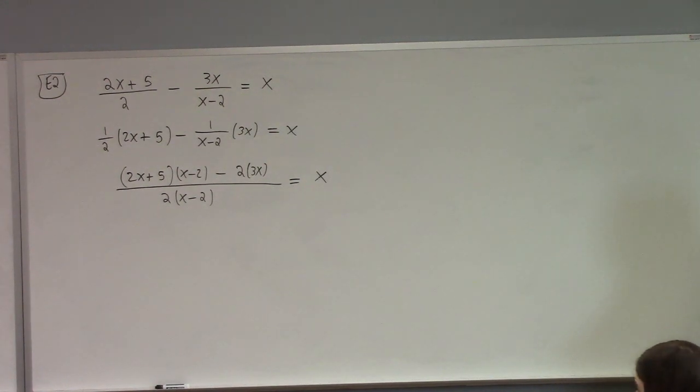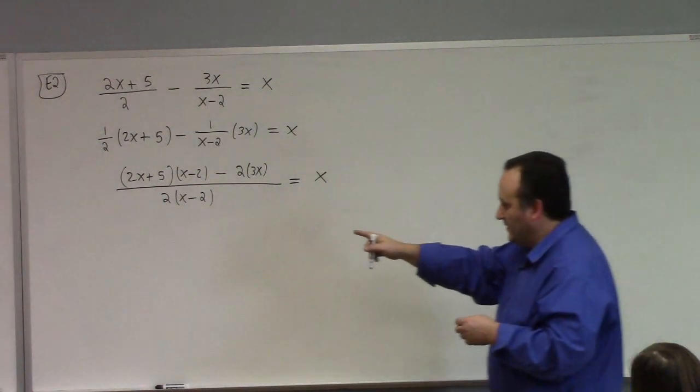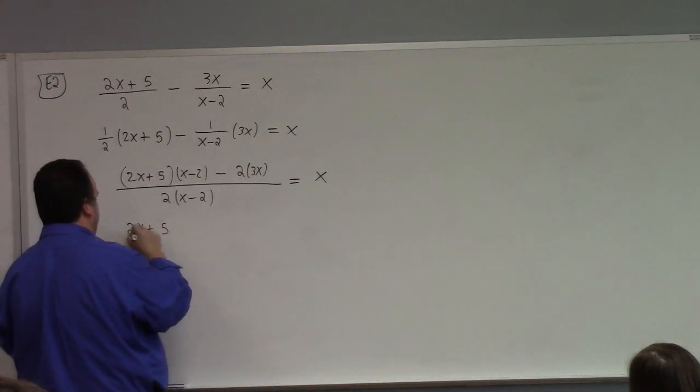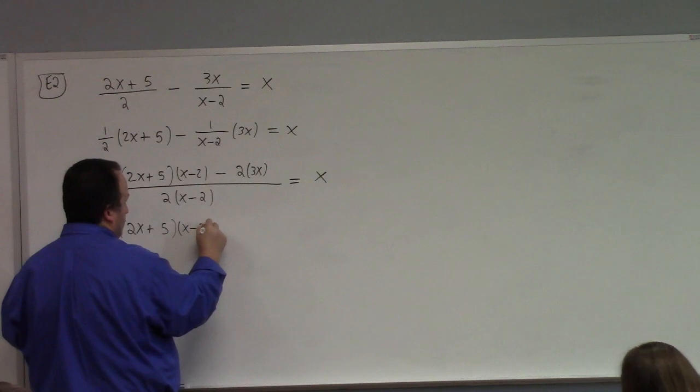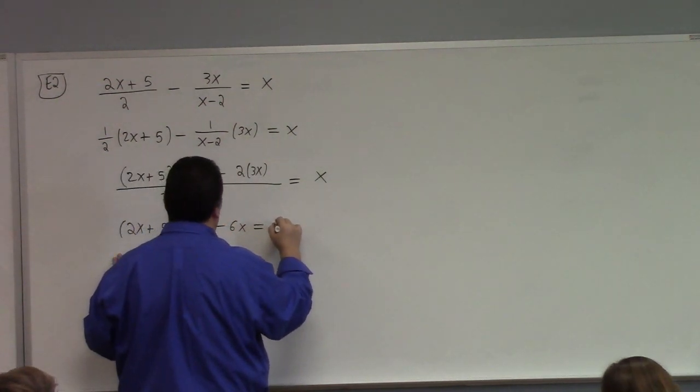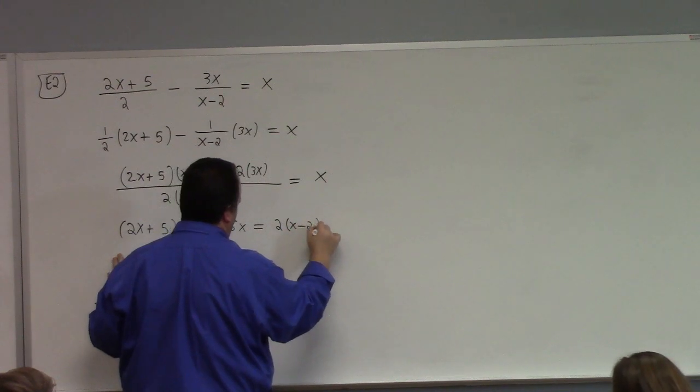This one here, I'm inclined to multiply by the denominator to convert it to a polynomial problem. See, because if I multiply by 2 times (x minus 2), I've got (2x plus 5) times (x minus 2) minus 6x, right, is equal to 2 times (x minus 2) times x.